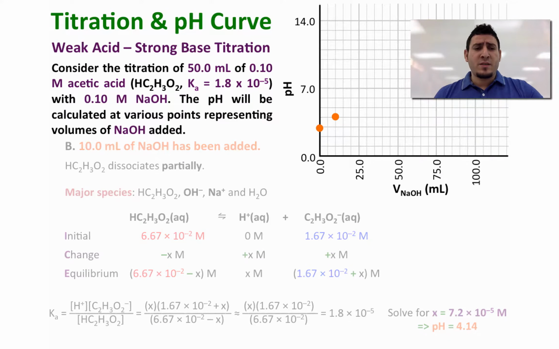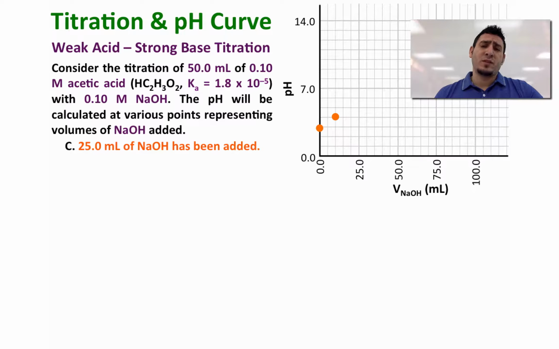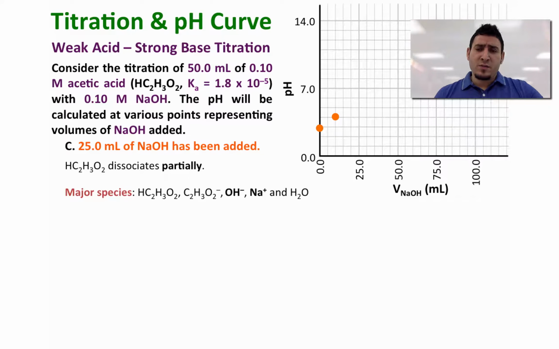Now, what happens if we add 25 milliliter of sodium hydroxide? Again, looking at the major species, I will have the acetic acid, the acetate, the sodium and hydroxide ions, and water.